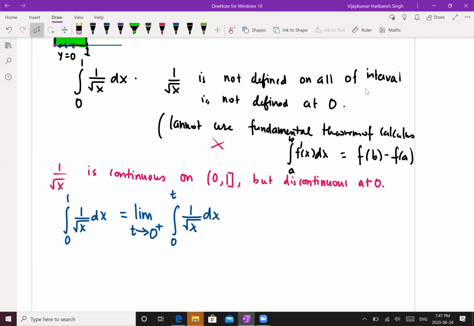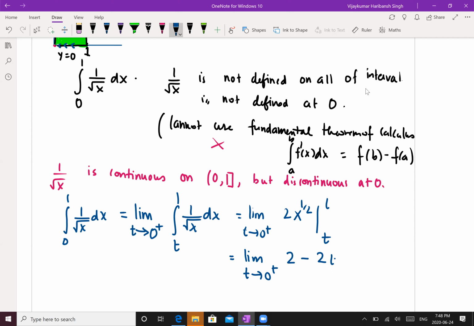The integral of x to the power minus half is x to the power half, multiplied by 2, evaluated from t to 1. So this is the limit as t goes to 0 plus of 2 minus 2t to the power half.